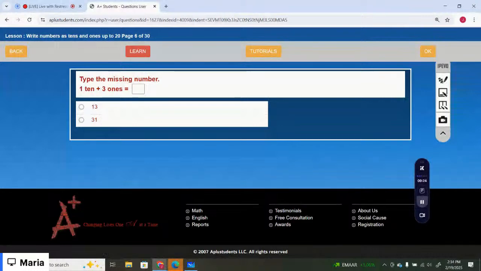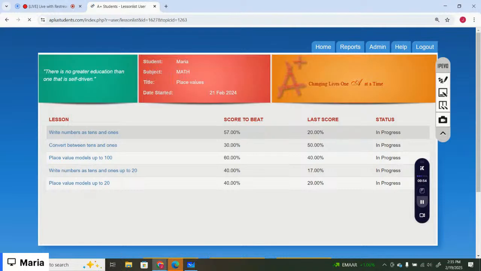One ten plus 3 ones equals 13. 1 ten and 3 ones makes 13. Option number 1 is the correct option. Okay, you can complete the lesson by yourself later today. Let me just move on to the next lesson.